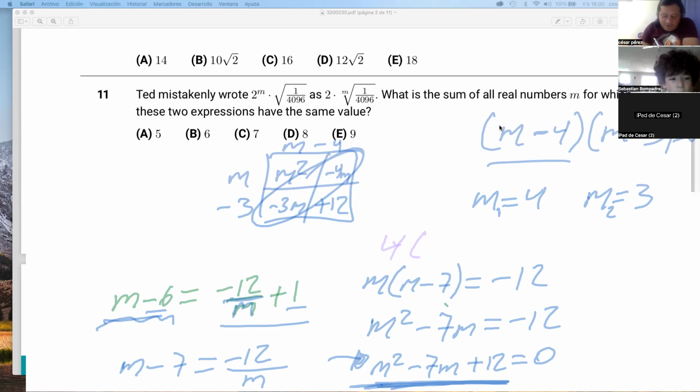If we use here the number 4, then here we will have 4 minus 7, that equals minus 3. So we will get minus 12. Those two are the only numbers that solve this equation.